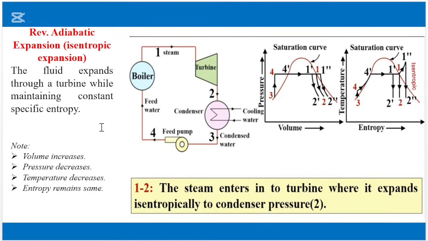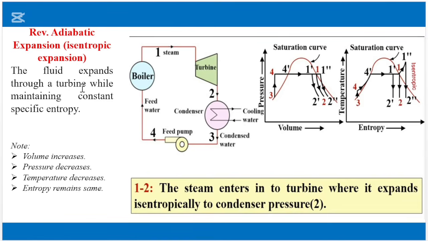I told you already that compression and expansion happen at constant entropy, and to maintain constant entropy we have to make sure the design is adiabatic in nature so that heat exchange does not take place. That's why we also call it reversible adiabatic expansion or isentropic expansion.